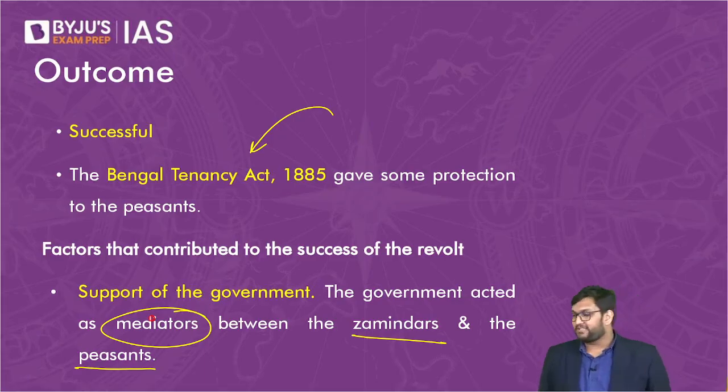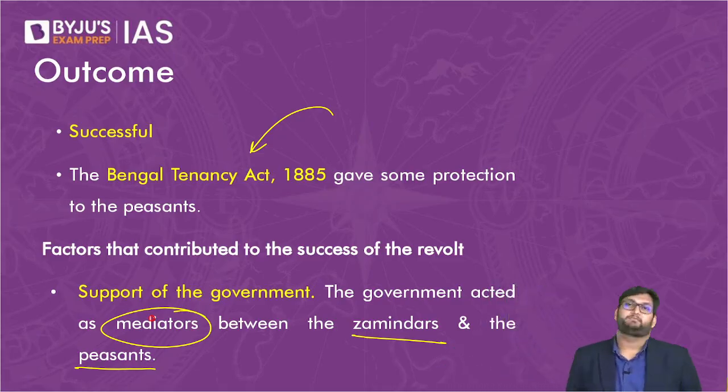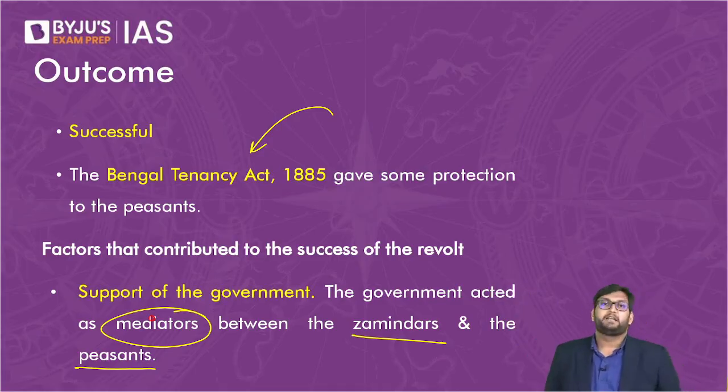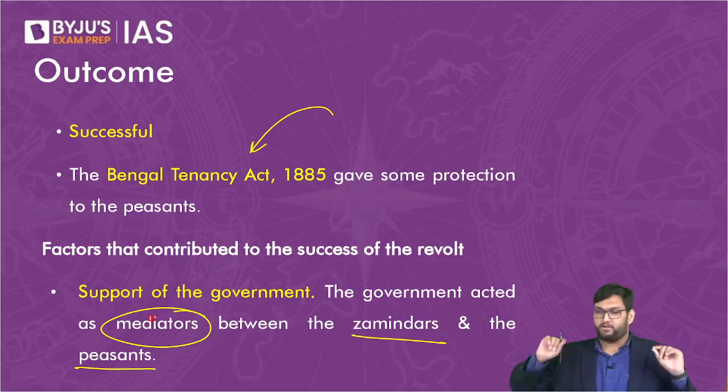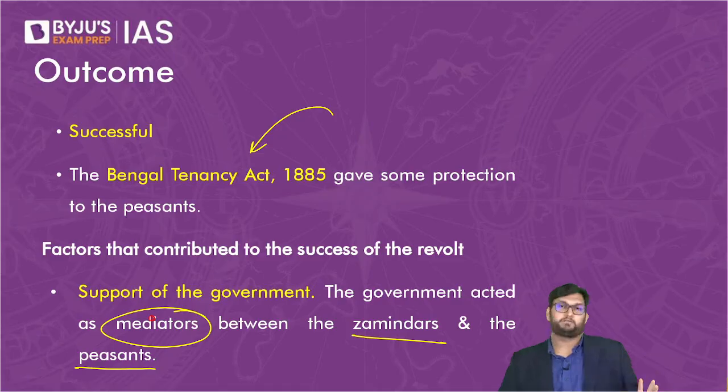So Bengal Tenancy Act 1885 was just a tenancy law which was passed. But the British acted the way that we are here to help. No, you're the zamindar. The Britishers were always good at pitting an Indian against an Indian. That is what is actually happening here also.